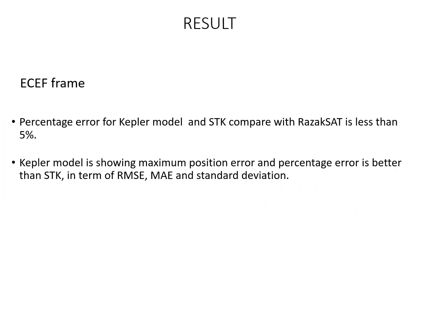From the analysis, the percentage error of the Keplerian orbit model and STK compared with Razaksat is less than 5%, same as the ECI frame. The Keplerian model shows maximum position error and percentage error better than STK in terms of RMSE, MAE, and standard deviation.